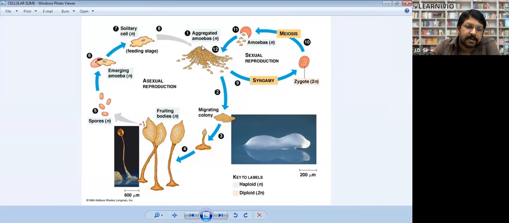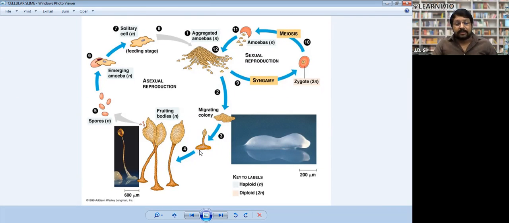What happens at the time of scarcity of food? This is the feeding stage, where they keep on eating bacteria and other organisms. At the time of scarcity of food, they aggregate as amoeboids. The amoeboid cells collect and pile up at one place and make a colony-like structure.